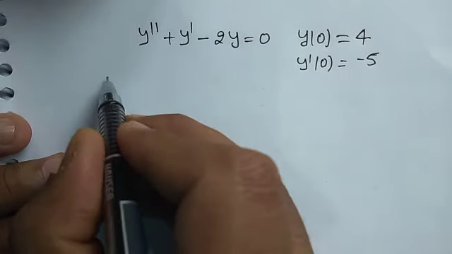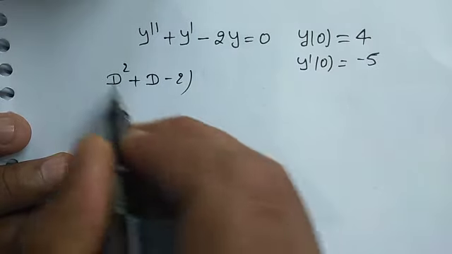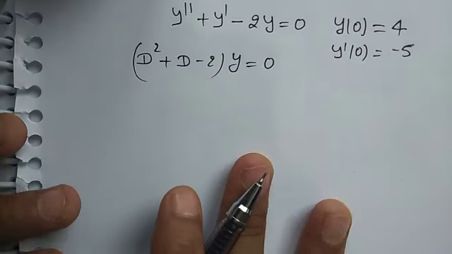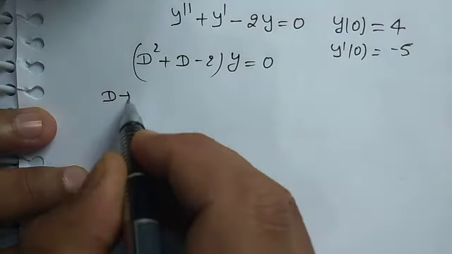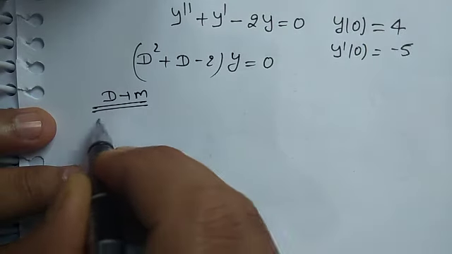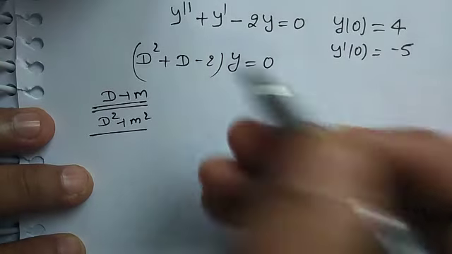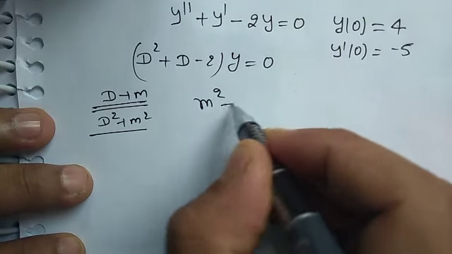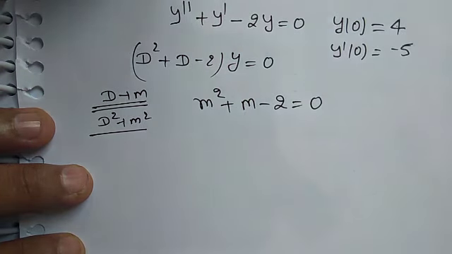So this can be written as D square plus D minus 2 acting on y equal to 0. For getting the auxiliary equation, D is replaced by m, D square is replaced by m square, and D power 0 will be 1. So we have the auxiliary equation m square plus m minus 2 equal to 0.